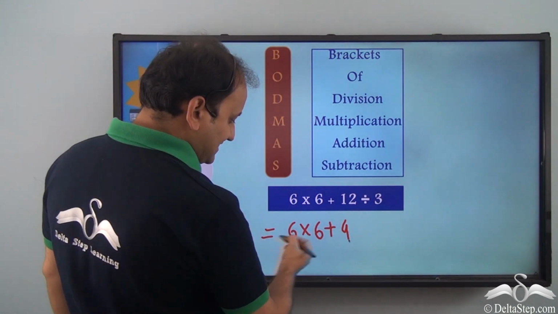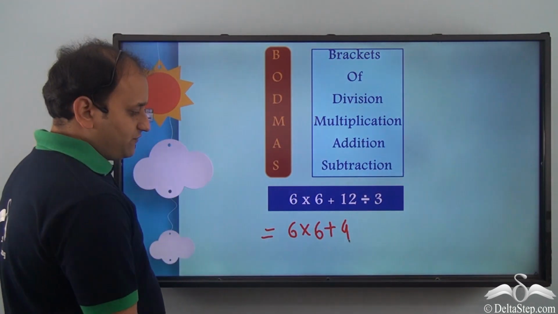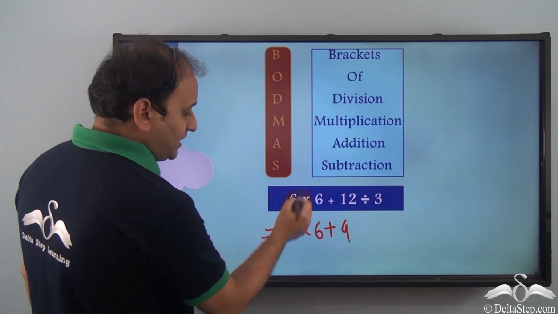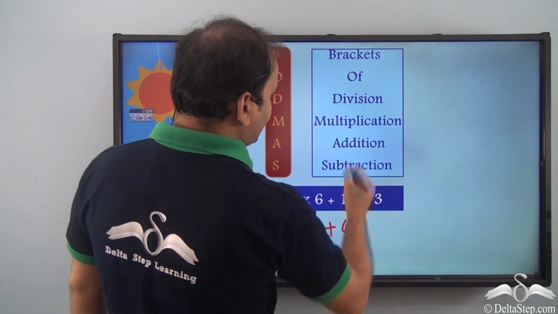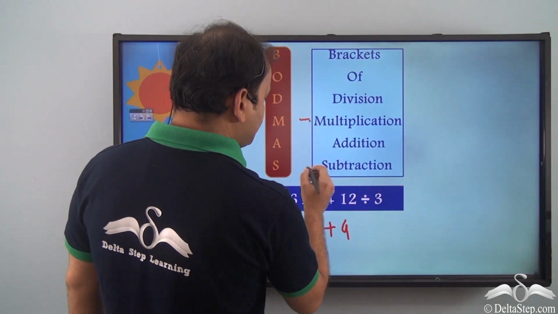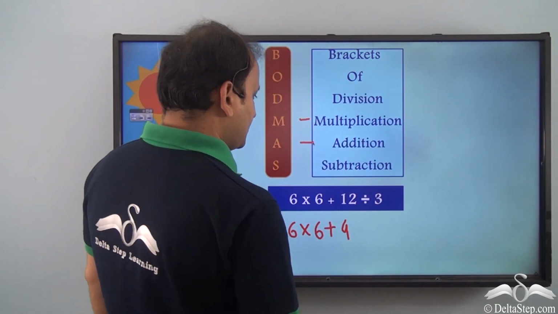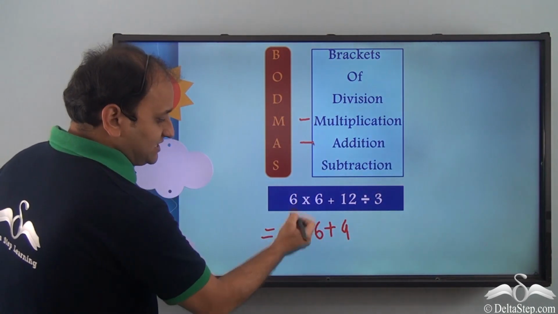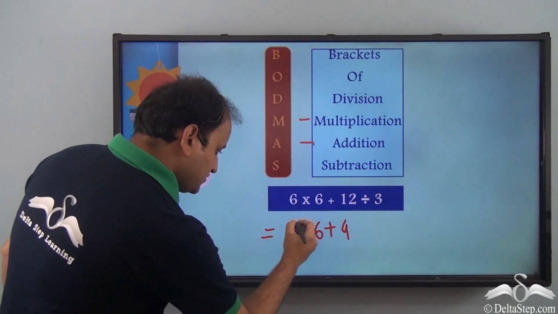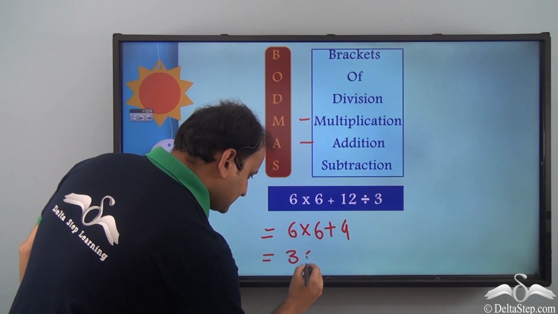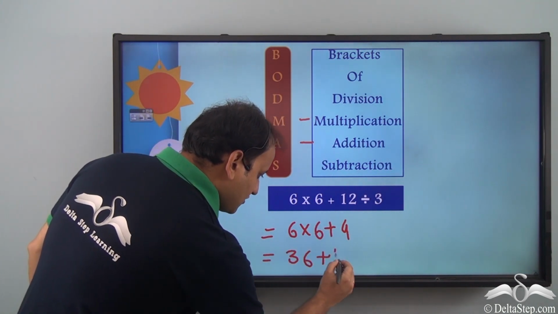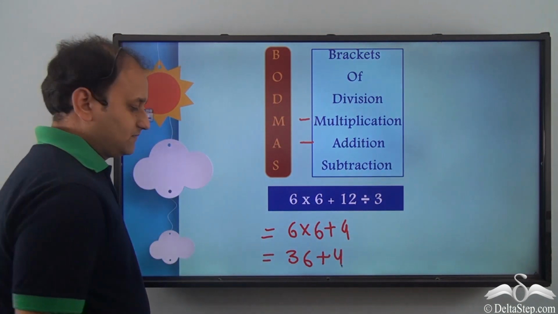Now, in this expression, what do we have? We have a multiplication and we have an addition. In this order, we know that multiplication comes before addition. So, first of all, multiplication will be carried out. 6 into 6, so this will be 36 plus 4.